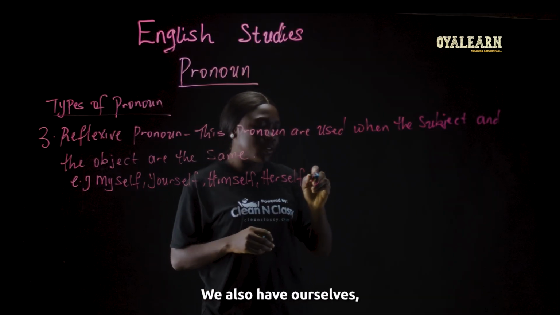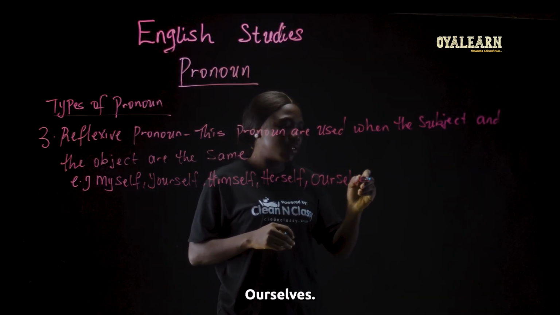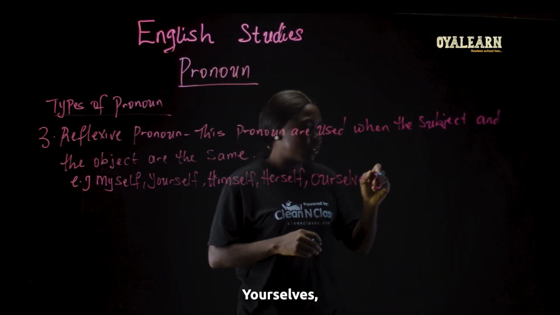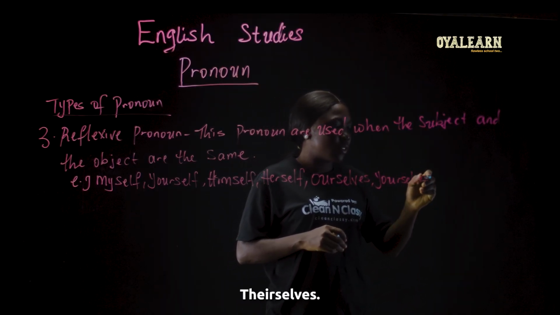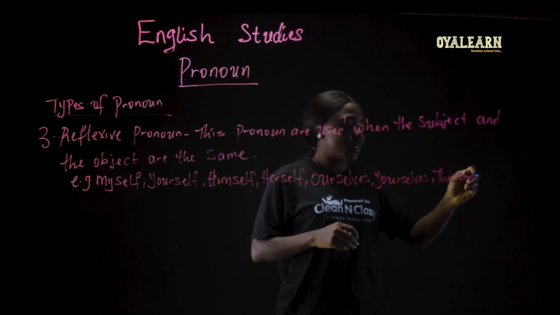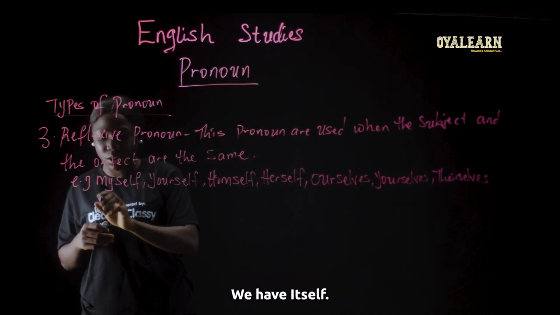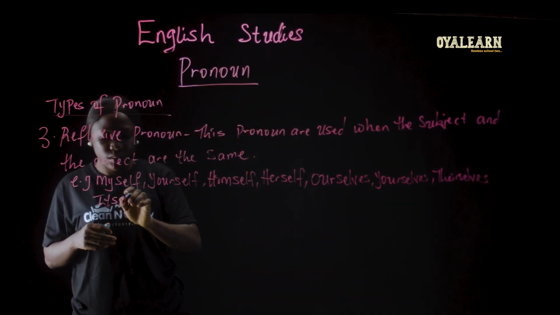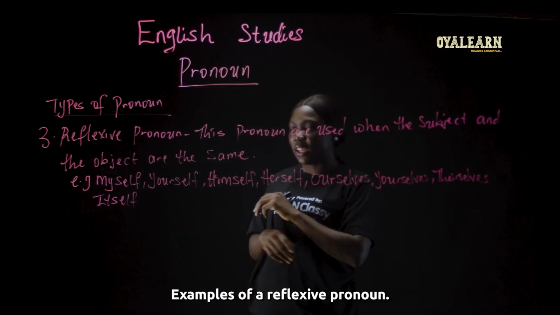We also have ourselves, yourselves, themselves. We also have itself. Now these are examples of a reflexive pronoun.